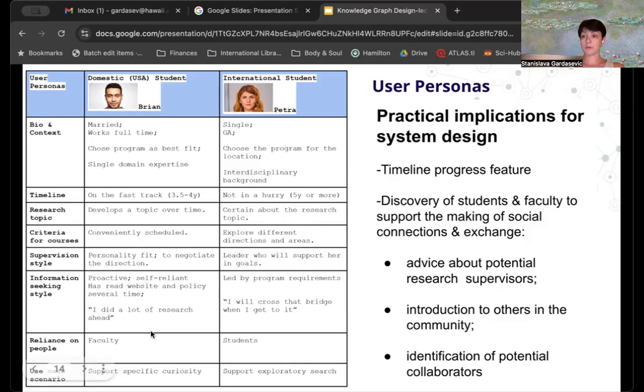But if he needs more information, he's going to go to faculty, to the program chair, to a supervisor to get that information. So the use scenario is going to be specific curiosity: I know what information I'm looking for. Whereas Petra is more of taking it a day at a time, a year at a time.